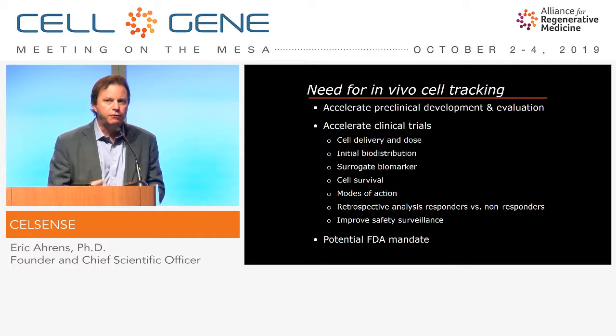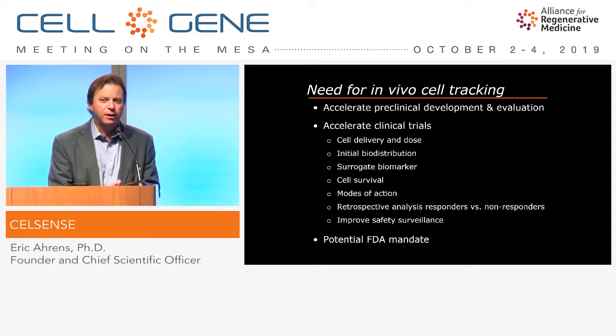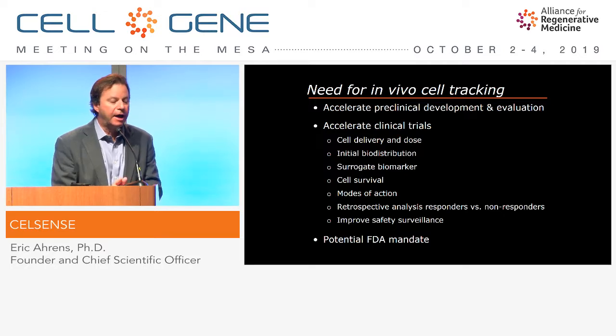If you could see the cell trafficking and the survival of the cell product, that will help you derive more cost-effective and smaller and more statistically significant trials if you can bin out responders versus non-responders with respect to cell trafficking. We also believe that this improves safety surveillance. And we believe that eventually there'll be an FDA mandate for having some form of cell tracking integrated in the cell therapy trials.